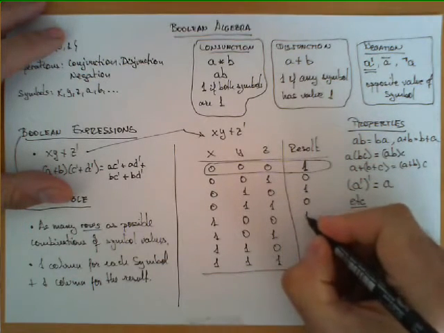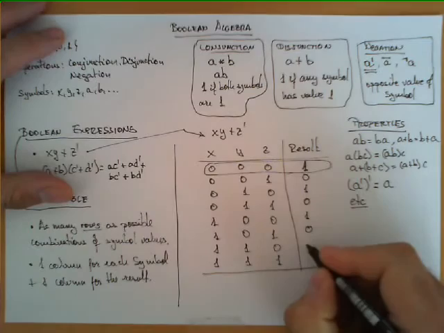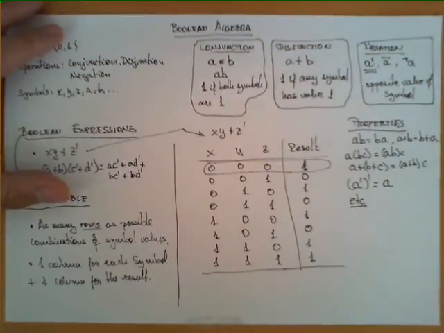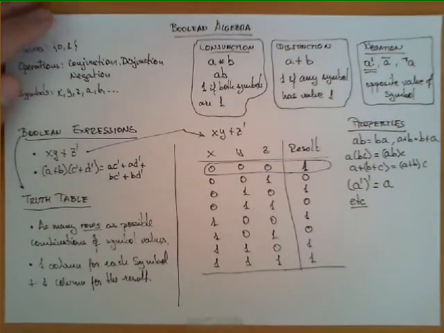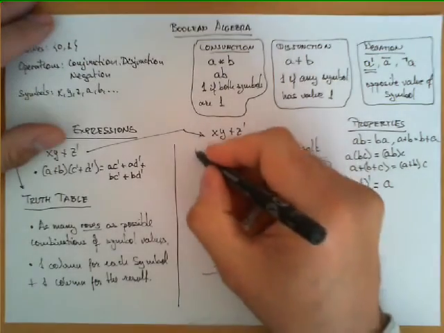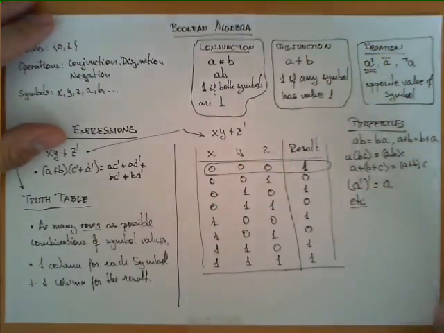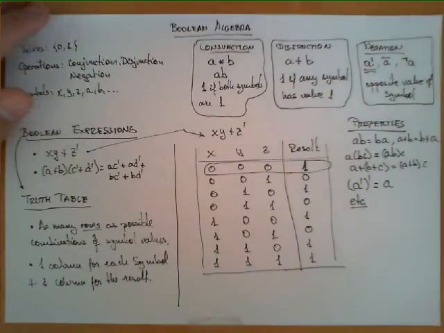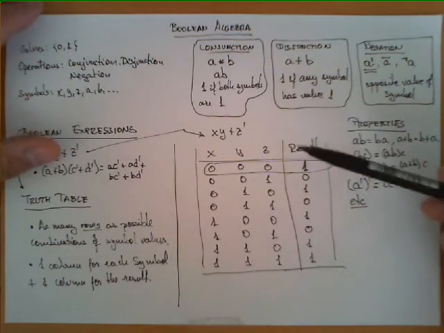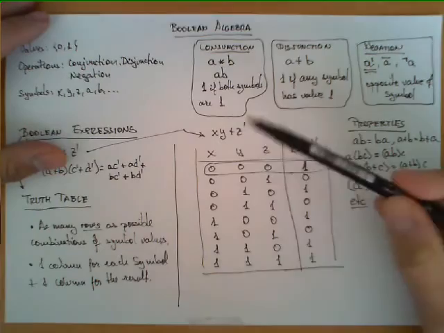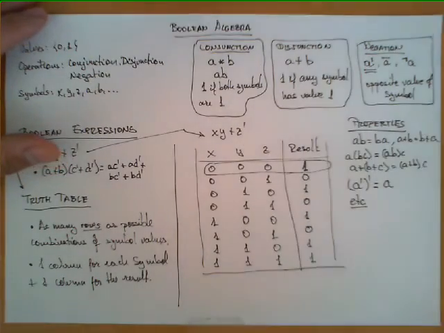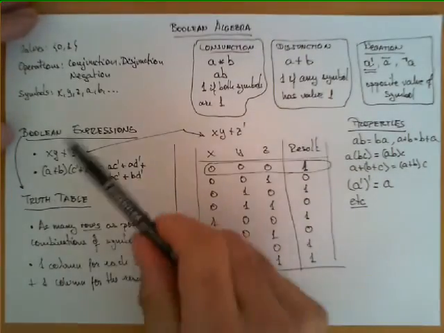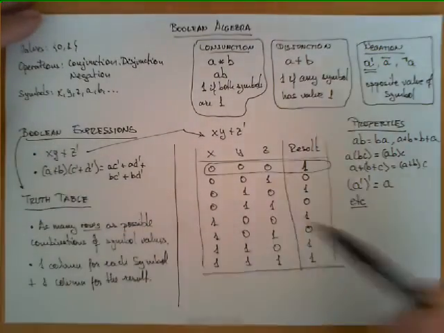If you take your time to write the truth table, you'll end up with these combinations in here. Now again, this truth table is derived from this expression, and it represents all the possible values of the result, or in other words, all possible ways of evaluating this expression for all the combinations possible given the symbols. Now the interesting thing is that we derive this truth table from a Boolean expression.